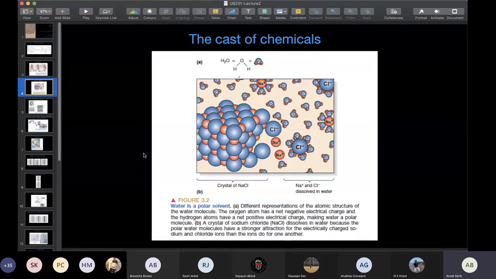As we talked about in the last class, neurons are full of solutions. There's a lot of water all around in the nervous system, outside the cell and inside the cells, and these are full of charged ions. Since there's a lot of water, the ionic properties of water matter, and the fact that water is a polar solvent.